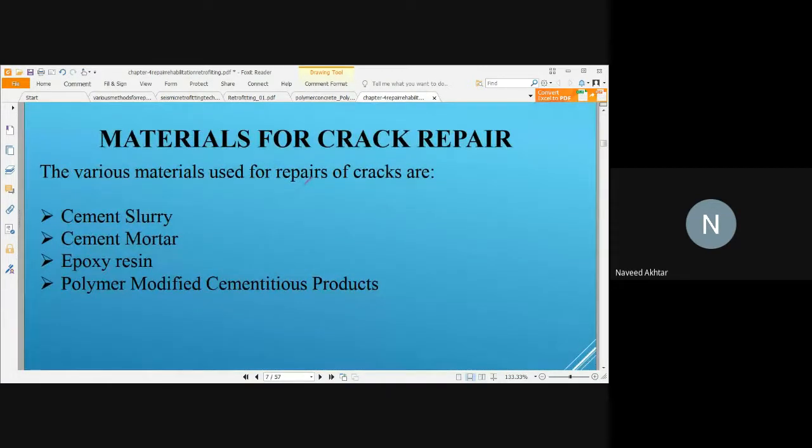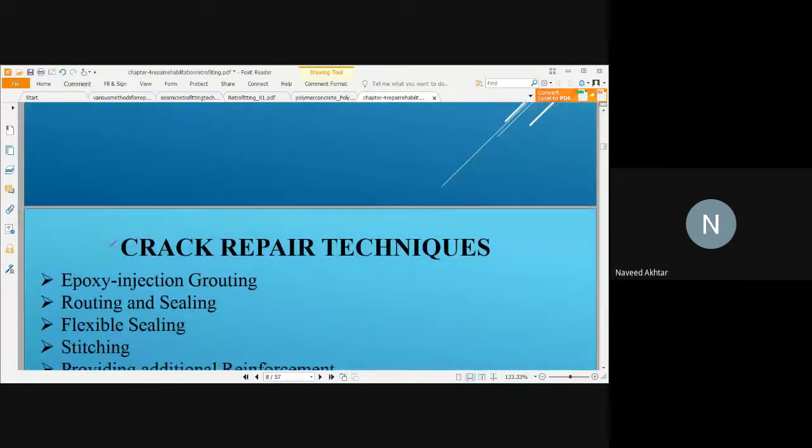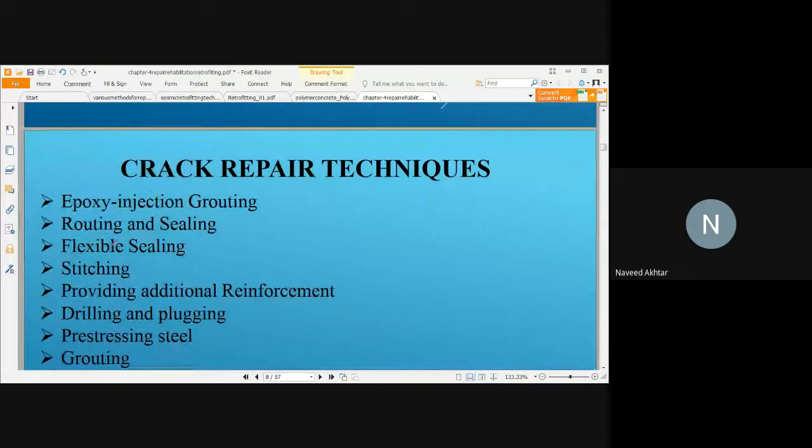The materials for crack repairs are generally cement slurry, cement mortar, epoxy resin, polymer modified cementitious products, or sometimes we can use fibers like carbon fiber, glass fiber, etc. for the repair or strengthening of the structure.